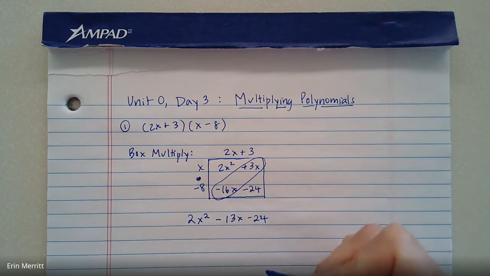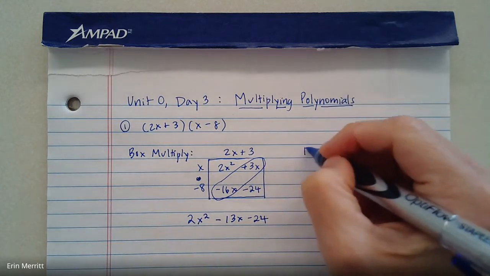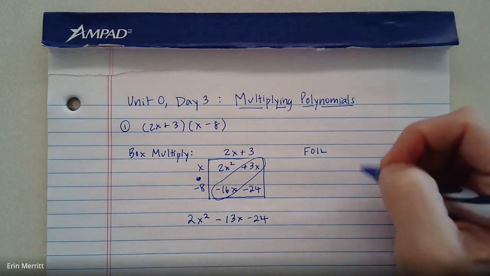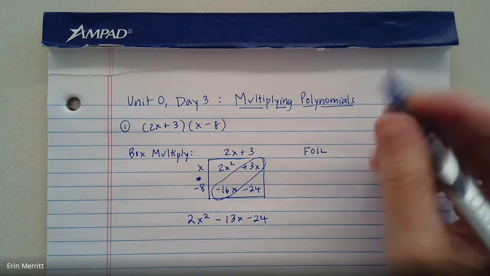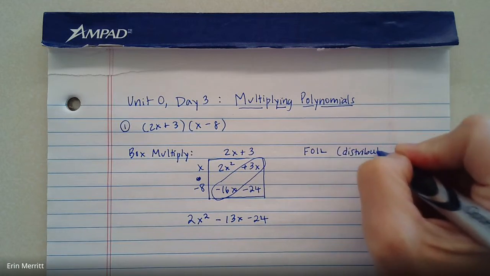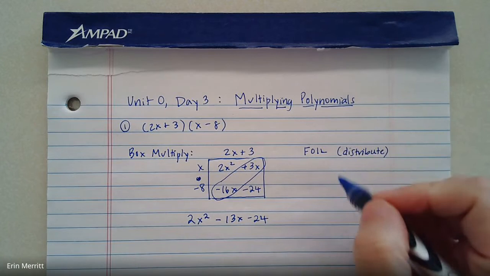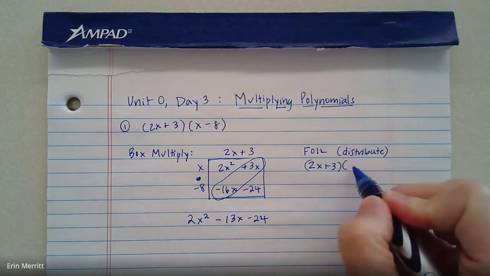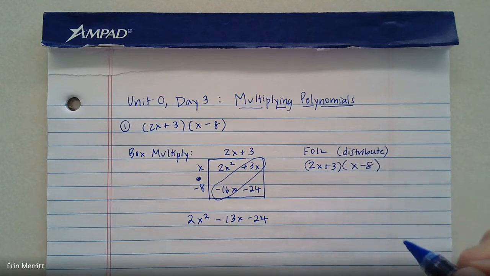The other option that some of you may know, some of you may not, is FOIL, which is just the acronym for first, outside, inside, last, or basically it's double distribution. And so in that case, if we just go through and show it, when we have 2x plus 3 times x minus 8, we'll stick with that same problem.